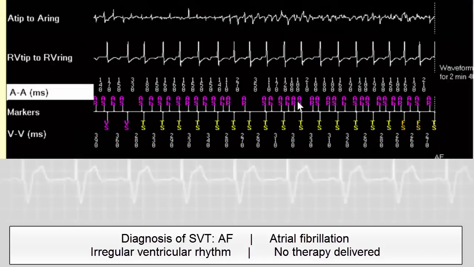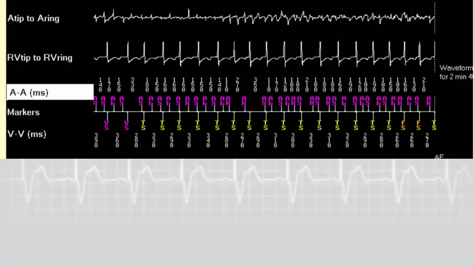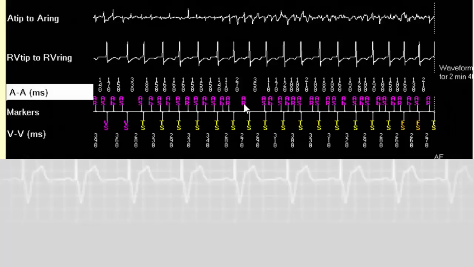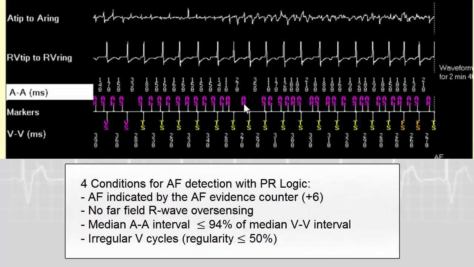Four conditions are required for detection of an episode of conducted atrial fibrillation with the PR logic. First, the AF evidence counter analysis will determine that an atrial tachyarrhythmia is present if the counter reaches a predefined threshold.